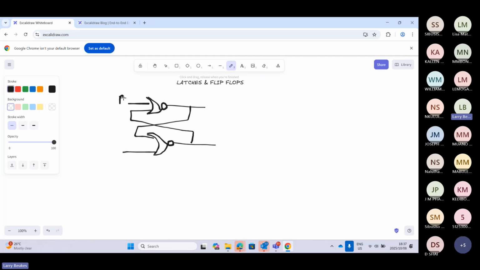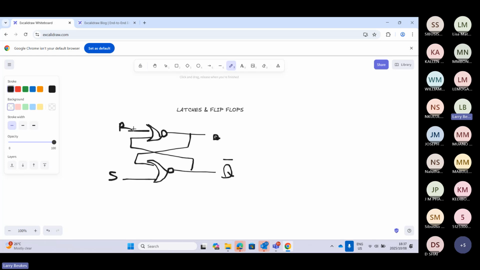So this is basically the input R, and then this is input S. Then this will be your output Q, and then this will be output Q naught, right?